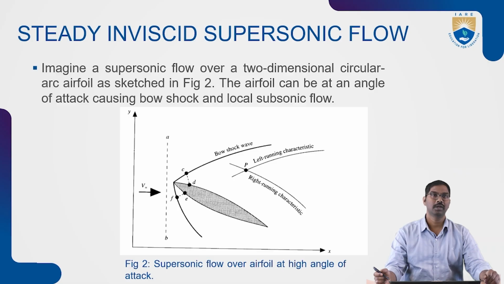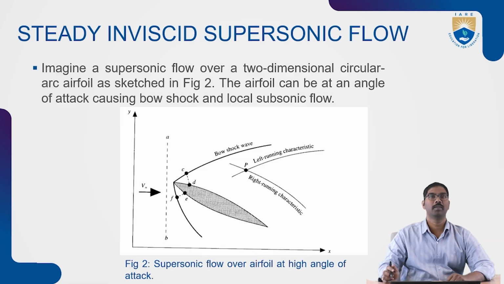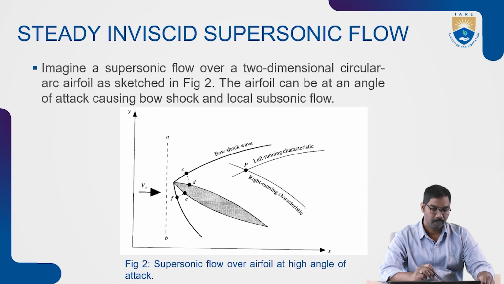hyperbolic form of equations. Let us imagine a supersonic flow over a two-dimensional circular arc aerofoil as sketched in the figure. The aerofoil can be at an angle of attack, causing the bow shock and the local subsonic flow. This is one of the interesting problems where the supersonic flow creates a bow shock, and at the same time that bow shock generates some local subsonic flows.